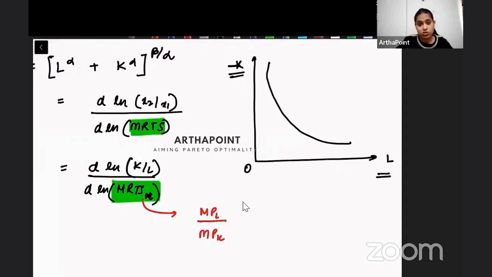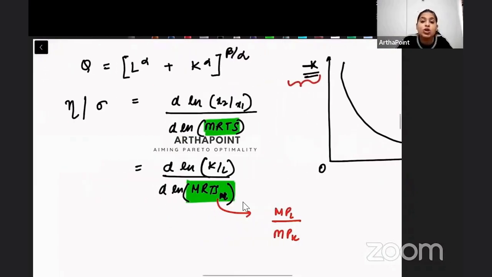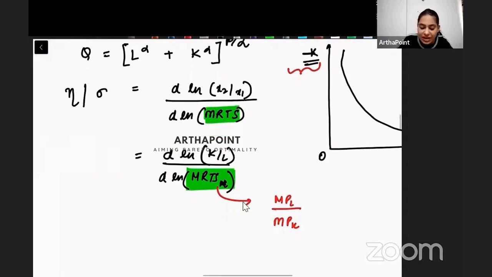Don't get confused. In MRTS, it is marginal product of labor by capital, x1 by x2. But in elasticity of substitution, the numerator is K by L, right? So this MRTS is not K by L, but the formula for it is MPL by MPK.